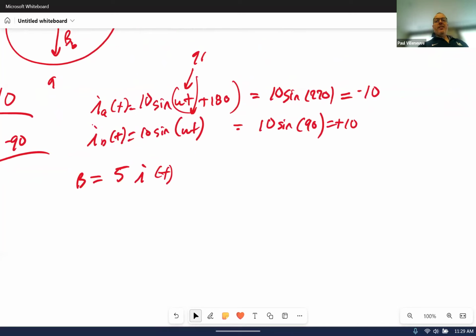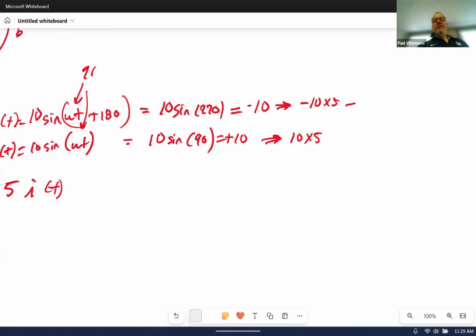So this is going to be equal to, get to the B, that's minus 10 times 5, and that's positive 10 times 5. So you had minus 50 and 50.